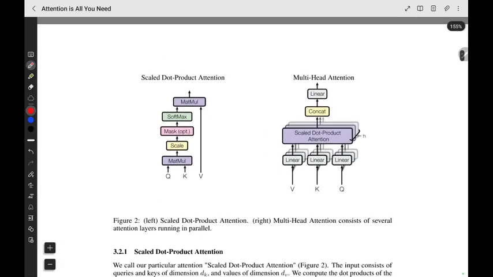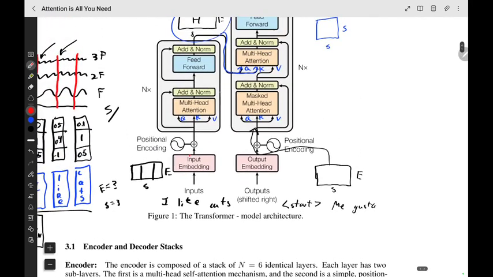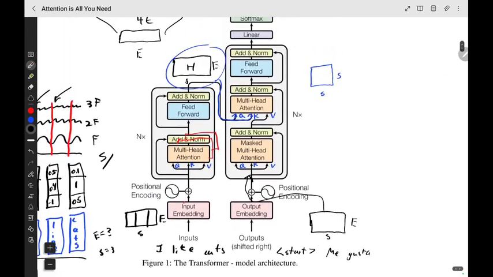Multi-head attention. So multi-head attention is saying, instead of just having one attention mechanism, why don't I have multiple at the same layer? So instead of having one here, I just add a bunch of them. And the way you do that is you split the, I'll go ahead and draw this part out.